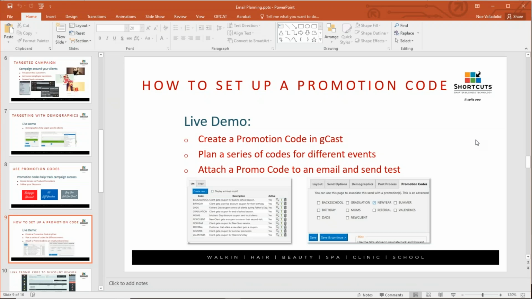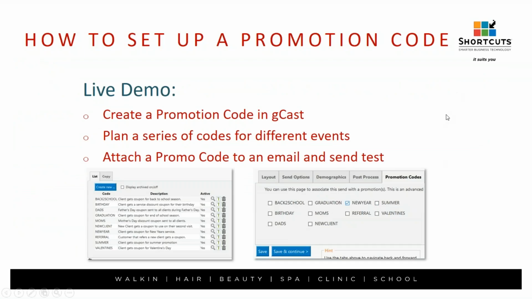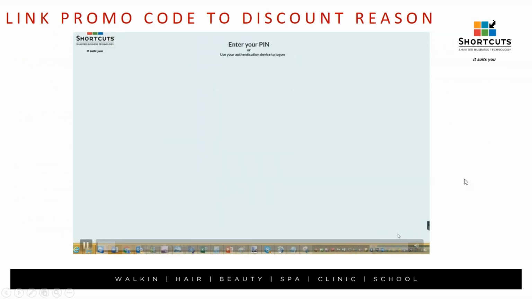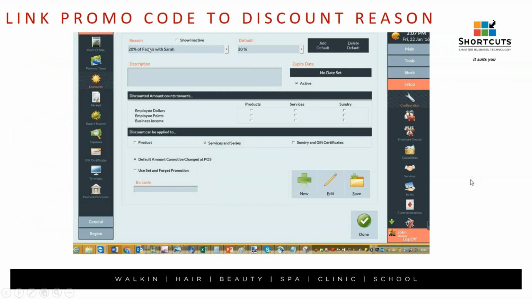You can actually connect a promotion code from GCast into Shortcuts. So I have a little video for you. So once your test campaign is sent, you're going to go into Shortcuts, and you're going to go into Setup Configuration, and on the left side of the screen, you're going to go to your Discounts button under your sales.